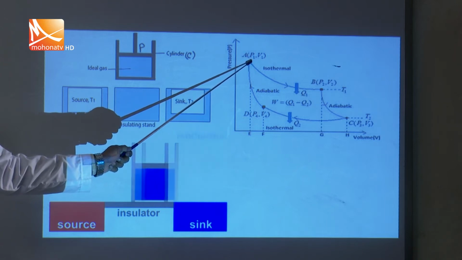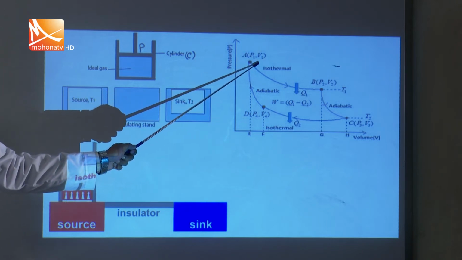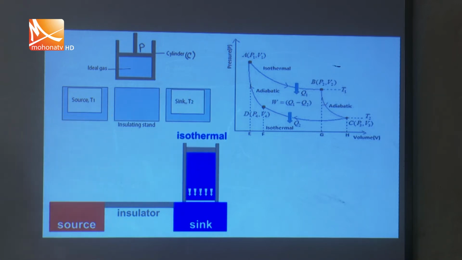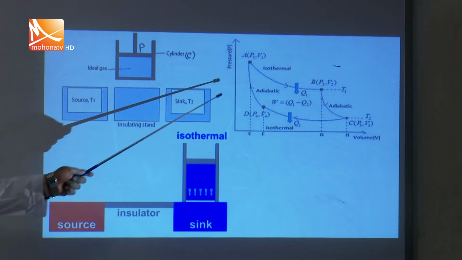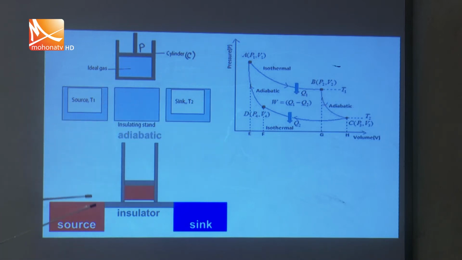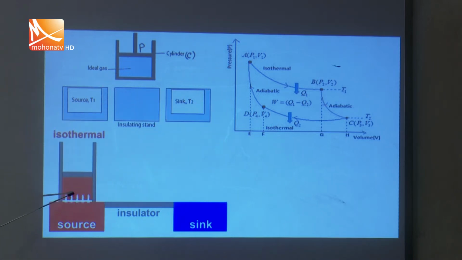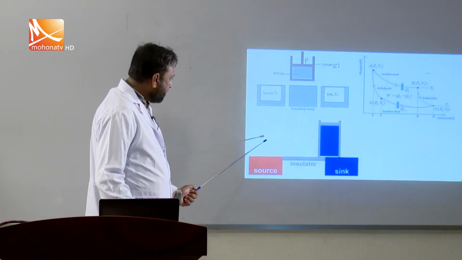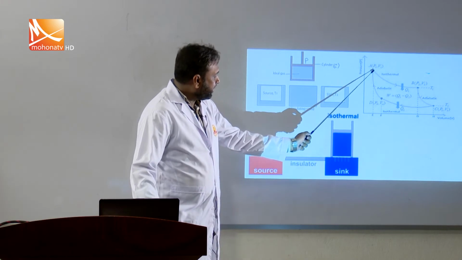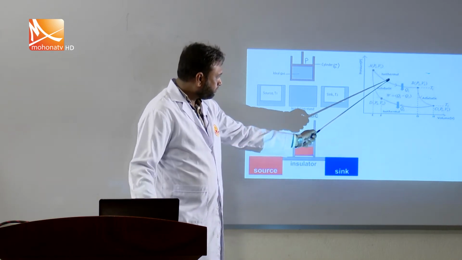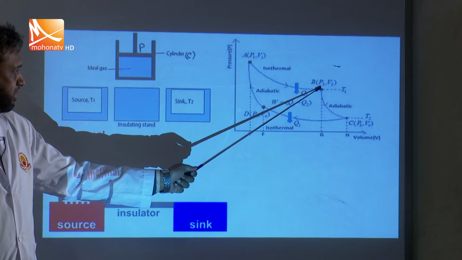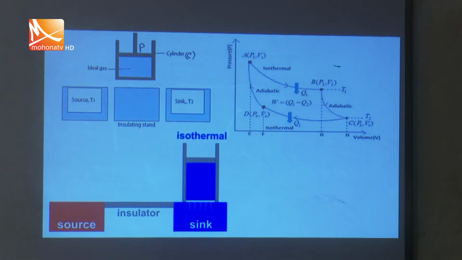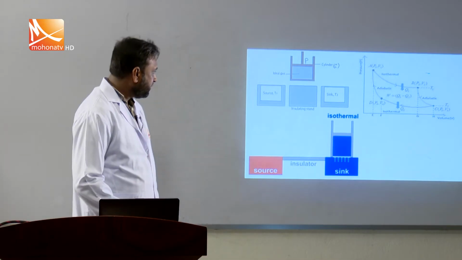In this condition, the pressure is P1 and the volume is V1, which is indicated in the diagram at point A. Here you can see the gas expanding from A to B. After completing the process, the pressure of the gas is P2 and the volume is V2.